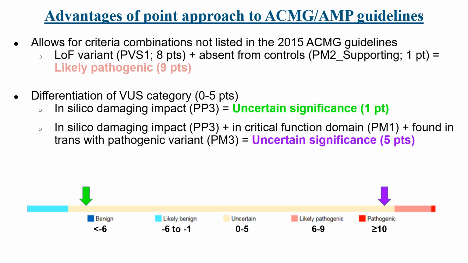It's also in a critical functional domain and was found in trans with a pathogenic variant. That is also an uncertain significance variant, but at a 5-point range, so really close to that boundary to likely pathogenic. So being able to take this approach, we can now better divvy out those VUSs that are more suggestive of pathogenicity and figure out if it is more appropriate to return variants in that range versus those that are uncertain significance and closer to the benign side.